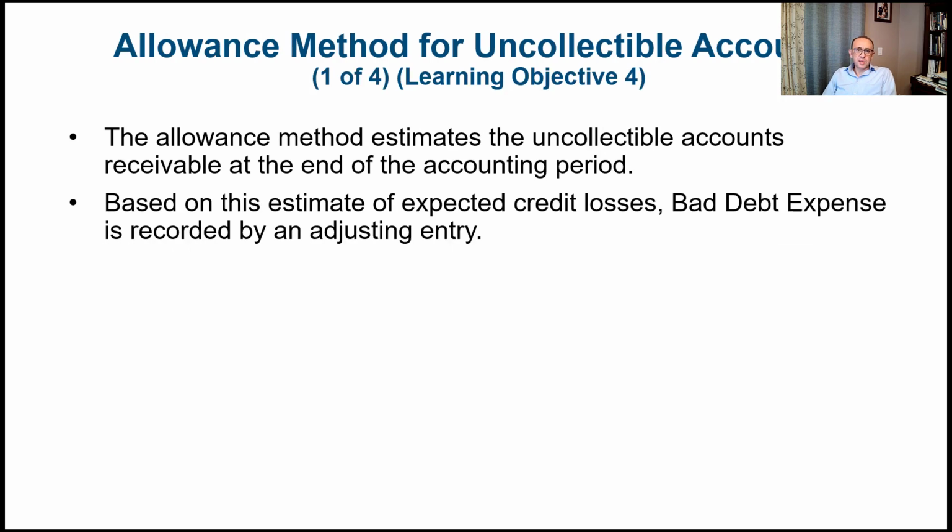The allowance method estimates the uncollectible accounts receivable at the end of the accounting period. Based on this estimate of expected credit losses, bad debt expense is recorded by an adjusting entry. So at the end of each accounting cycle, we have to think how much we anticipate to be our bad debt expense, and we record an adjusting entry at the end of the year.